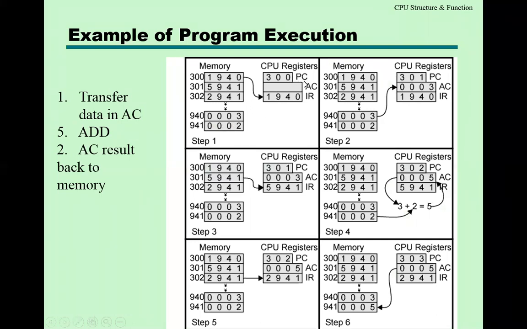And these are the different registers: PC, AC and IR. PC is the program counter, AC is the accumulator, and IR is the instruction register. What is a PC? PC holds the address of the instruction that you want to execute.